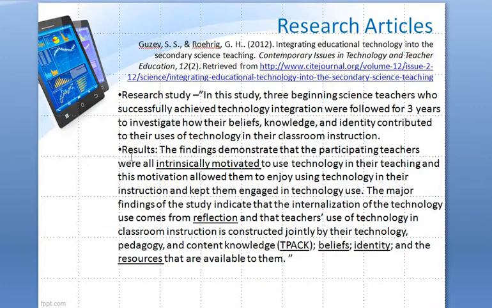The findings demonstrate that the participating teachers were all intrinsically motivated to use technology in their teaching, and this motivation allowed them to enjoy using technology in their instruction, and it kept them engaged in technology use.